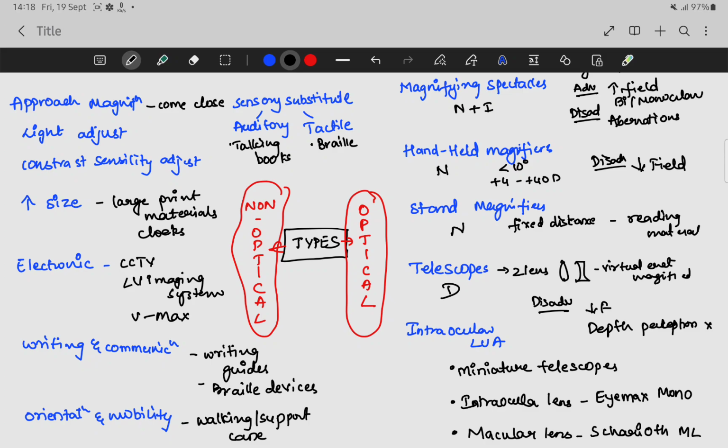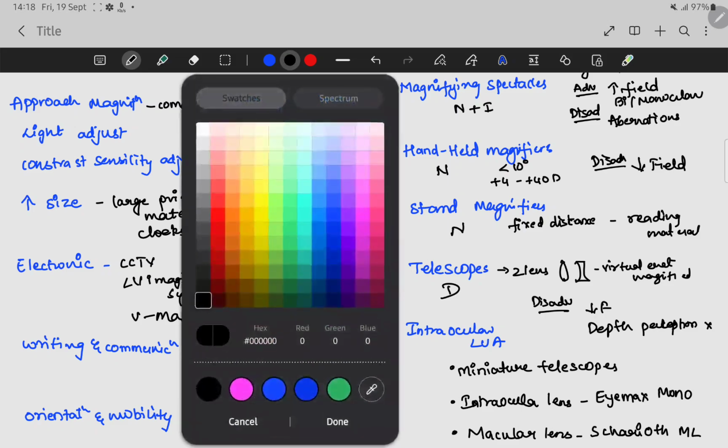Here we have this mind map of the types of low vision aids. This is a very important question. Most of the times we forget to remember what is there. Just to add a little more: regarding light adjustment and illumination, reduced illumination is required in cases of albinism and aniridia, whereas higher illumination is required in macular degeneration, glaucoma, retinitis pigmentosa and so on.